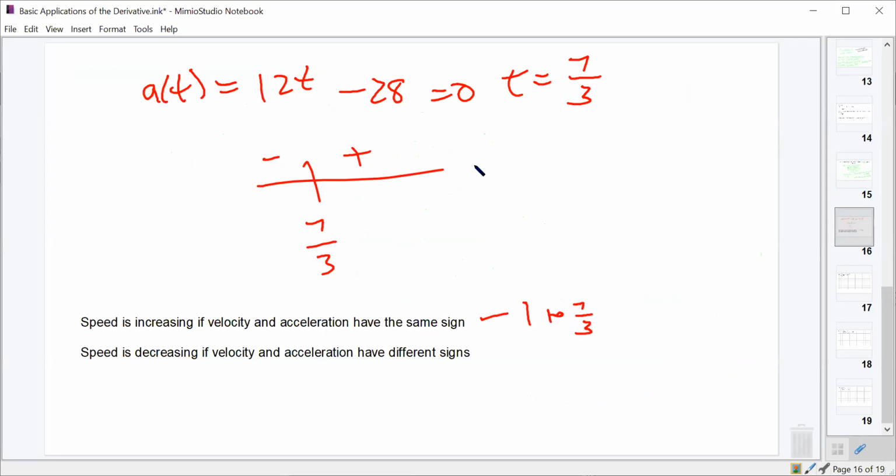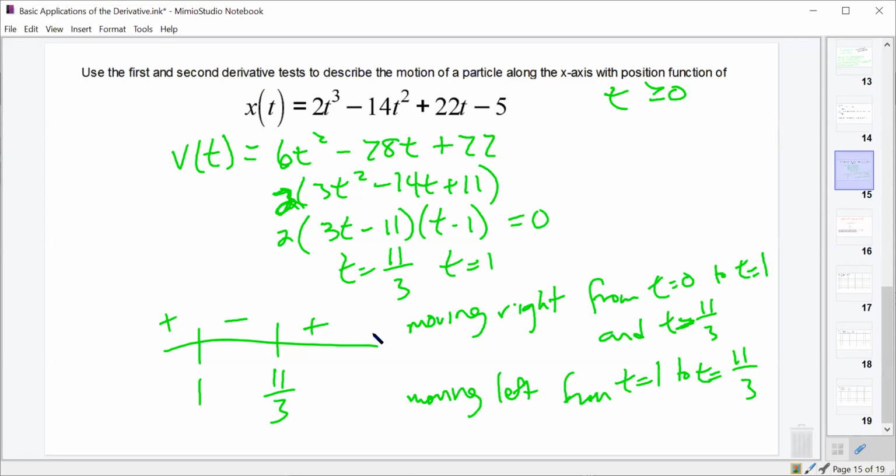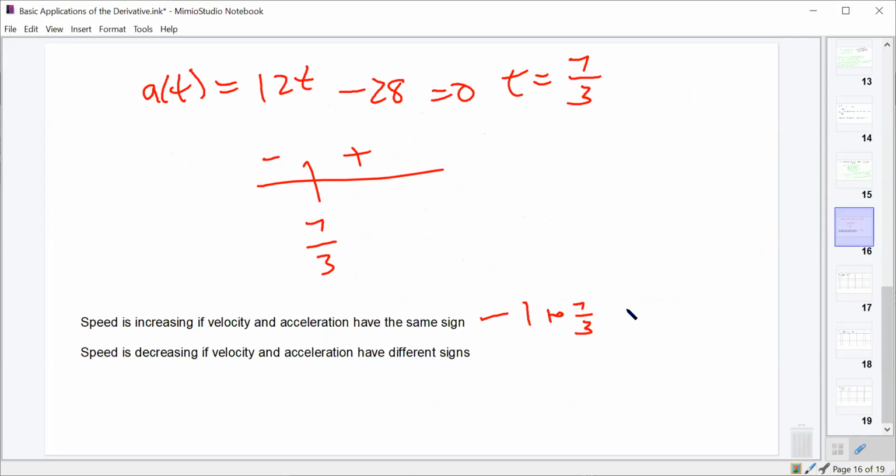This is positive from 7/3 to infinity, and this is positive from 11/3 to infinity. So speed is also increasing from 11/3 to infinity. And then we could say that they have different signs from 0 to 1 and from 7/3 to 11/3. Everybody good with that or no?